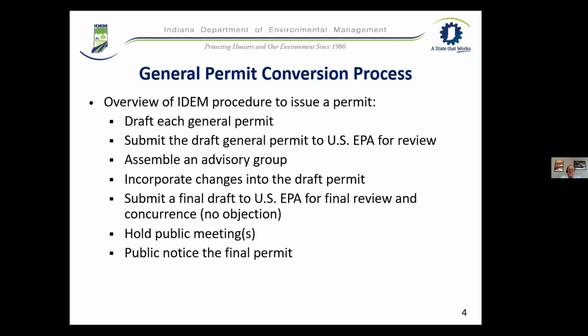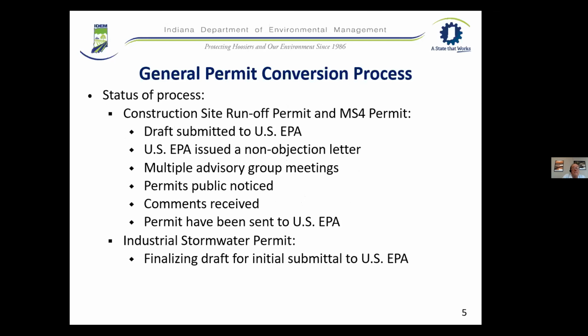Then we submit a final draft to EPA for final review, with the intent to get a non-objection letter. For the current process for rural construction stormwater and MS4s, we're going to be holding some public meetings to share the final permit that EPA has approved, and then we will public notice the final permit.